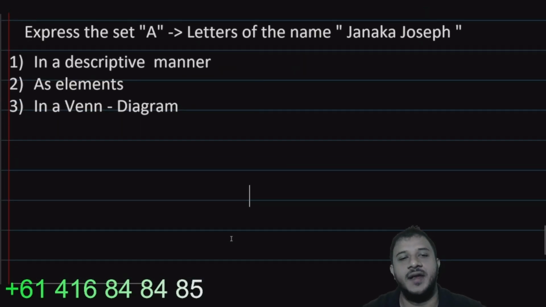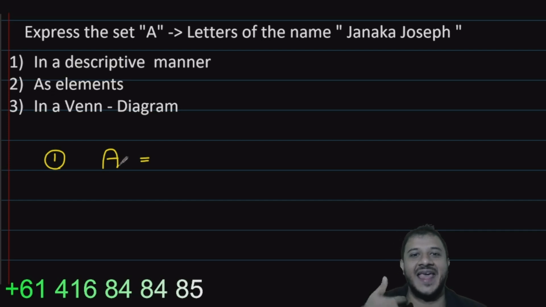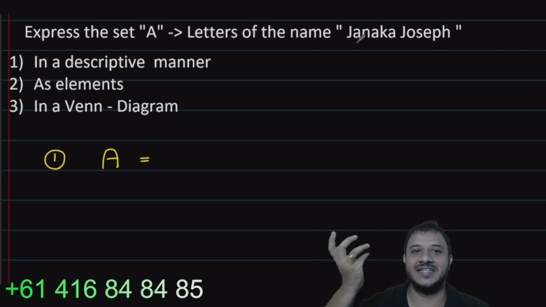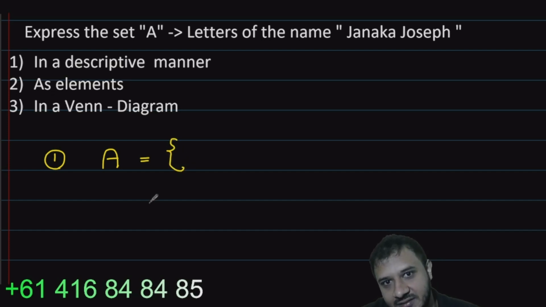Everybody good? Now, if they say set A, we just write A and put equals. I'm teaching you how to write it in the descriptive manner. A equals. A is the main thing. A represents the letters of the name Janaka Joseph. Descriptive manner means we write A equals and open a curly bracket. Do you all know how to draw this curly bracket?